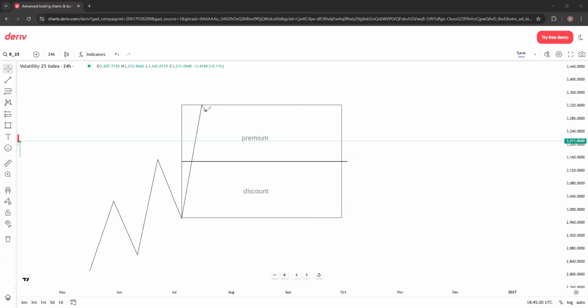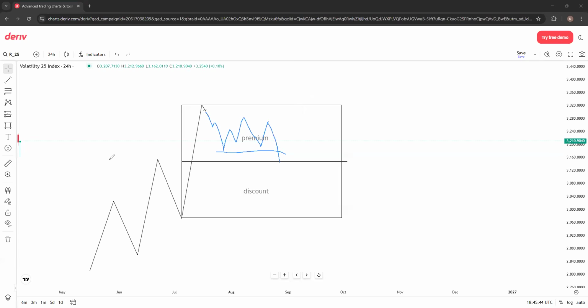So this is what's going to happen. At the end of the day, inducement, or most of it, happens in the premium level where you are given double bottoms. But you don't know that these double bottoms are going to be your areas of liquidity and your price needs to come and sweep that liquidity, right?